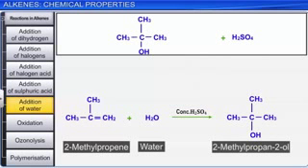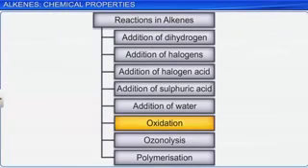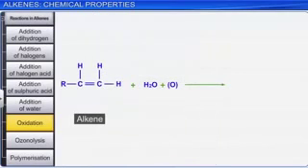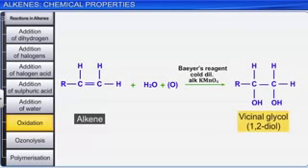Let us now look at the oxidation reactions of alkenes. Alkenes, on reacting with cold dilute aqueous solution of potassium permanganate, which is also called Baeyer's reagent, produce vicinal glycols, that is, 1,2-diols.